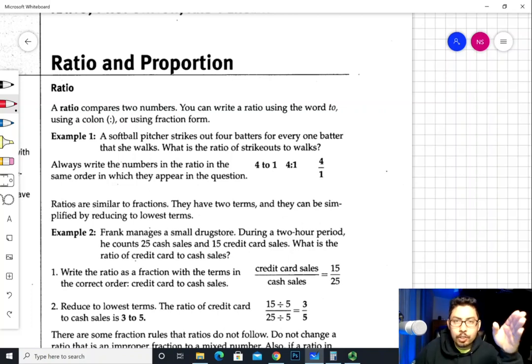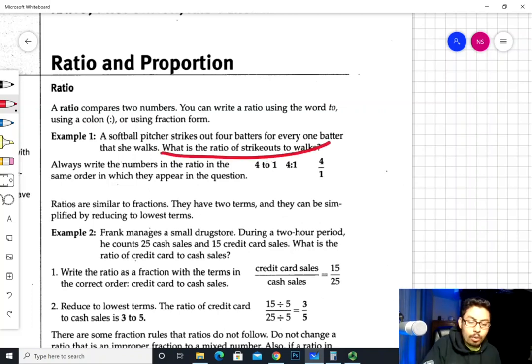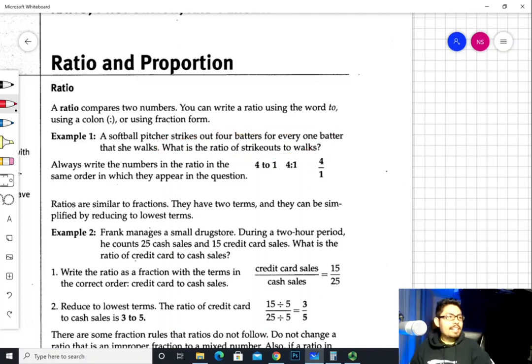What is the ratio of strikeouts to walks? This is a ratio question. Obviously, ratio questions include the word ratio in the question itself. So I don't ever want to hear you saying, what type of question is this, right? You guys should know this is a ratio question. Anyways, back to the lesson.